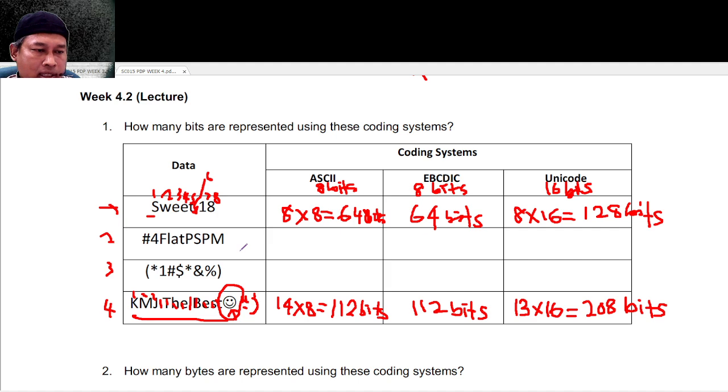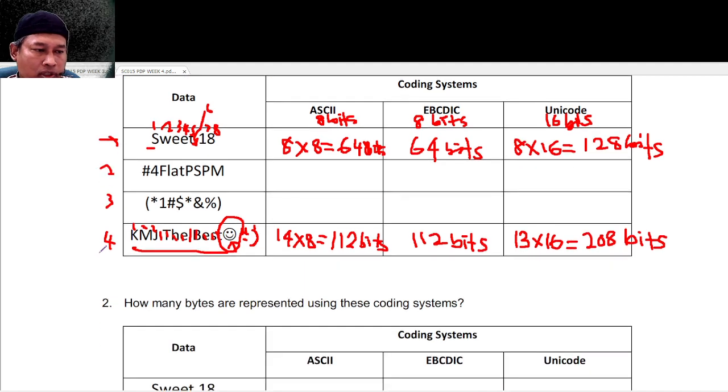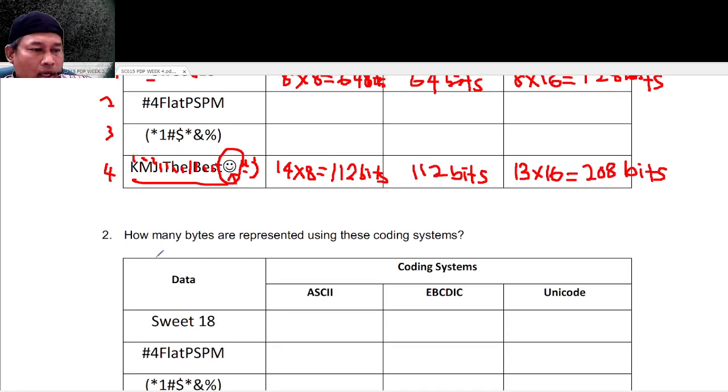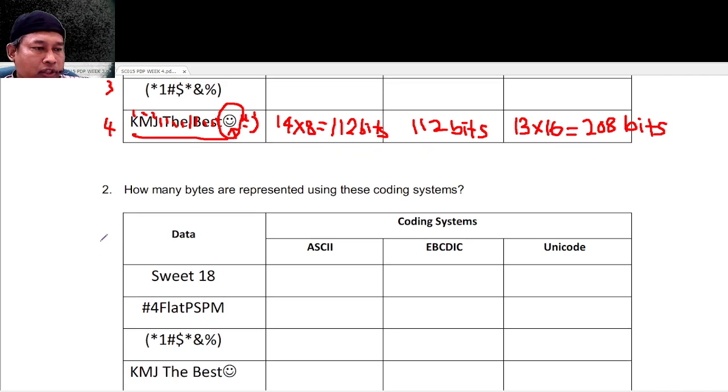So for question number 2 and number 3, I hope you count and answer them. Okay. Now we continue to question number 2. How many bytes are represented using this coding scheme?